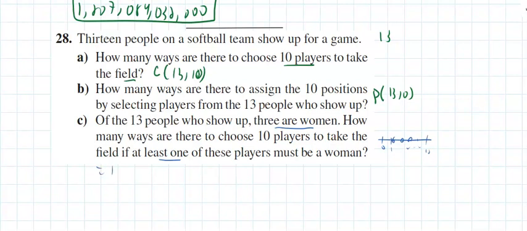That's the total minus no women. Well, the total in this case is 13, choose 10. And to choose no women at all, there's only one way of doing that. You have to choose all men. And whatever that works out to be.